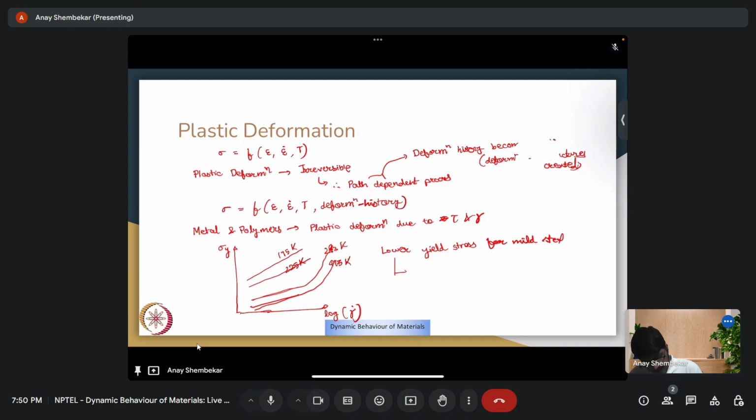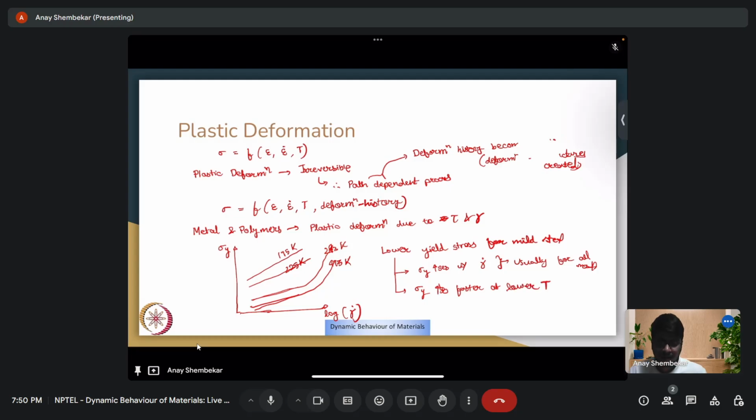From this, we see sigma y increases with gamma dot. This is usually seen for all materials. But the other thing that we also see here is sigma y increases faster at lower temperatures.